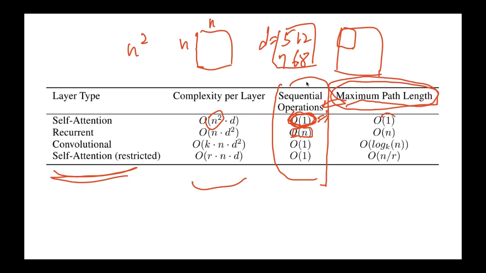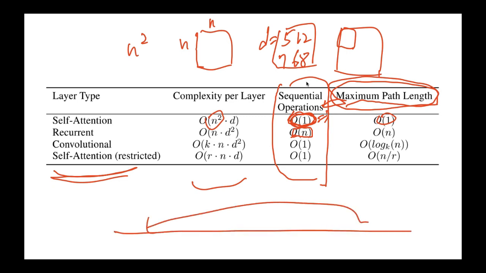In self-attention, it's just 1. No matter how long your sequence is, you can just attend to it by the attention matrix. But in your recurrent neural network, it's very hard to model that. You need to go through n tokens to get to the first token. So it's n. If you have really, really long sequences, then your long-term dependency will be really hard to model.